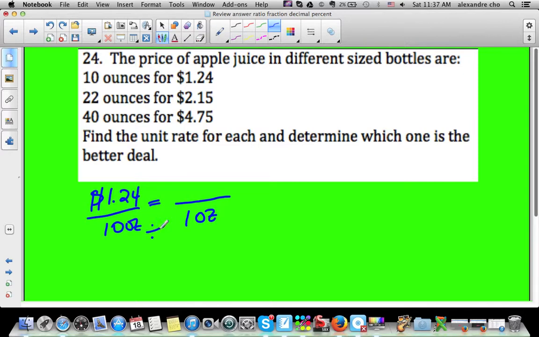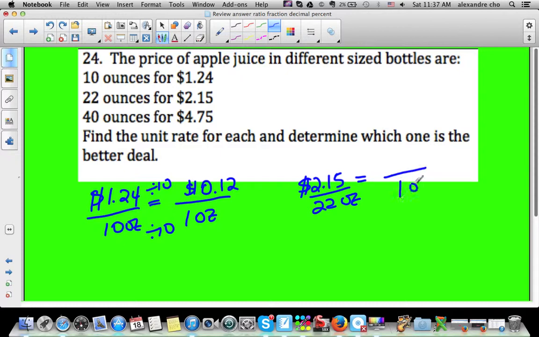You're going to divide that by 10 and divide that by 10. That gives you 0.1124, but if you round it, money only goes to 2 decimal places, right? So it's 12 cents. Second one, it's $2.15, and you buy 22 ounces of OJ.